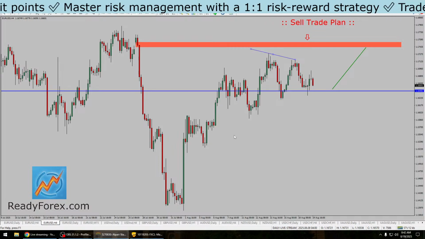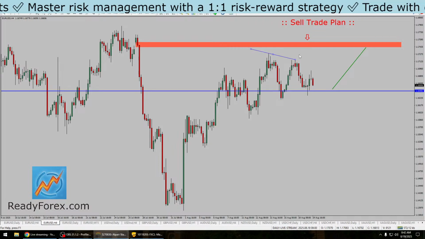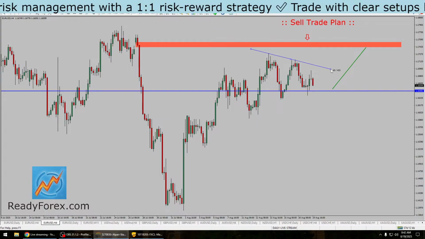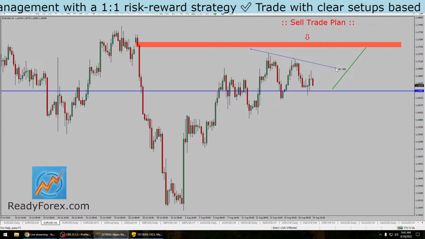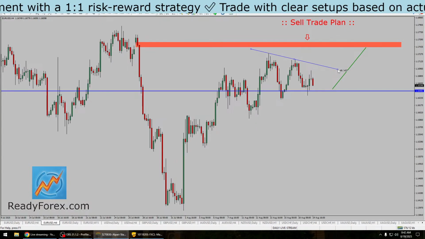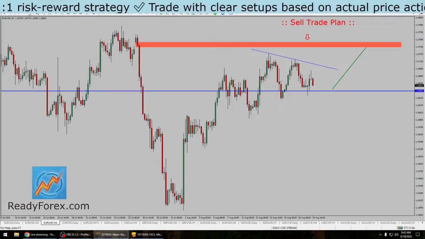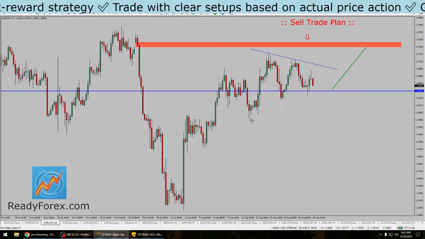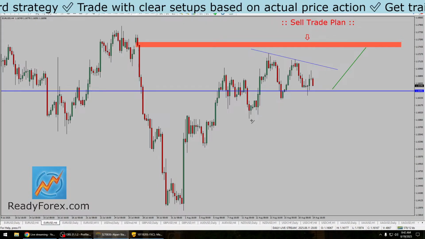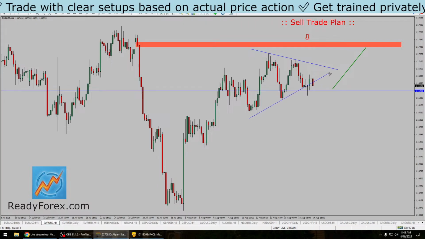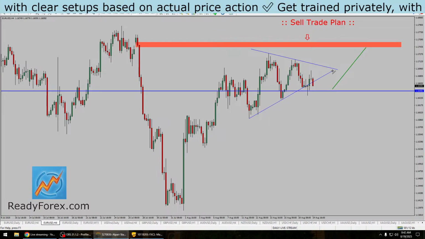So this one is the upper trend line. Let me drag this one over here a little bit. And then we have the lower trend line right over here.